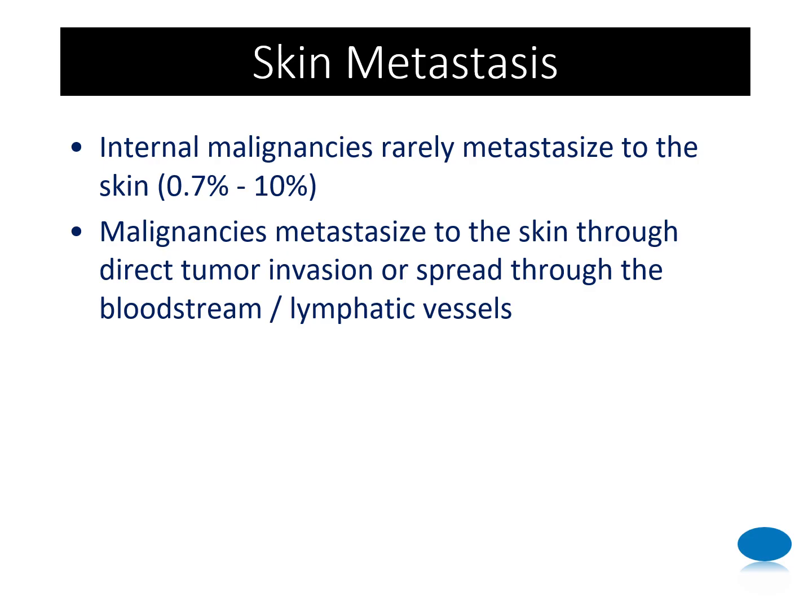And they will reach the skin either by direct invasion, so for example, when you have breast cancer, the malignant cells can directly invade the overlying skin, or of course through the blood or through the lymphatic vessels. Now, internal cancers don't often metastasize to the skin, so it's about 0.7 to up to 10% of internal malignancies will metastasize to the skin.